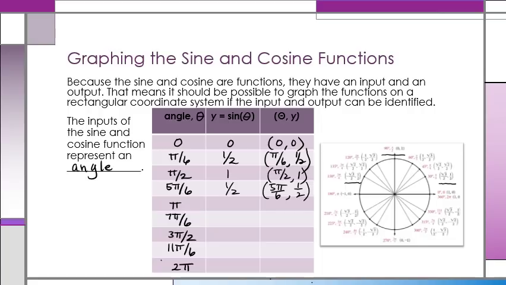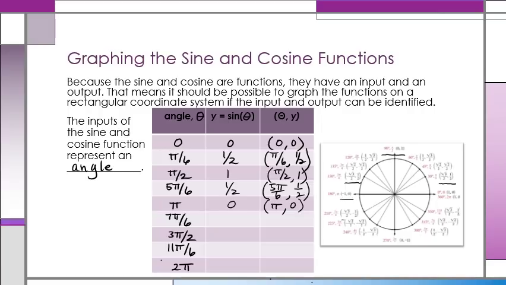For pi, I'm 180 degrees around that circle. The ordered pair is -1, 0 on the circle, which from my sine function gives me an output of 0. So on the rectangular coordinate system, when my angle is pi, my output is 0.